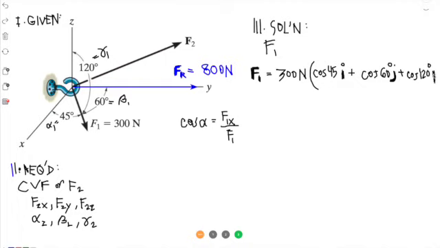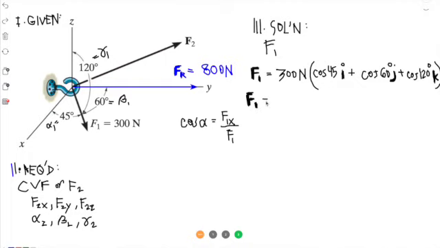Multiply each of that by 300 newtons, which is our magnitude, and we will get the Cartesian vector form of our F1.